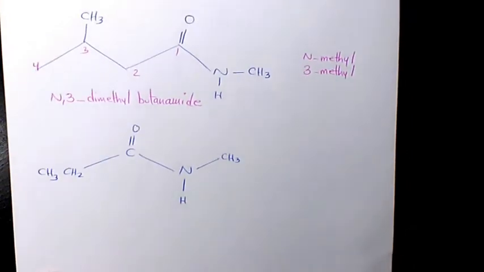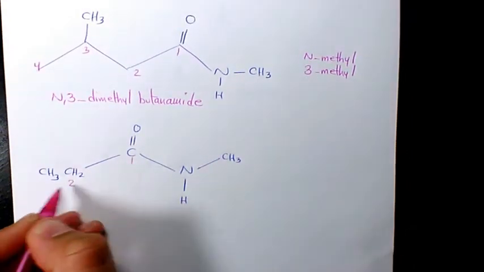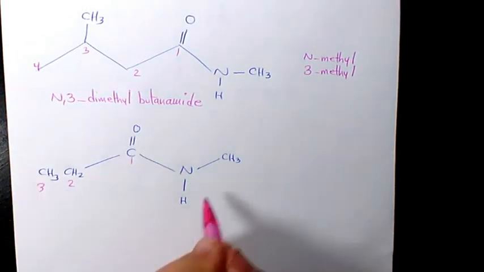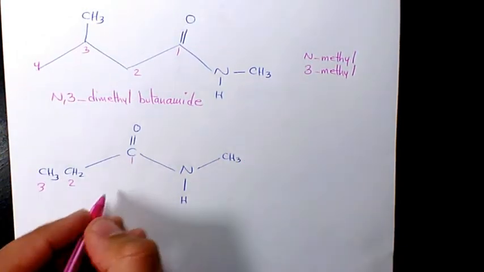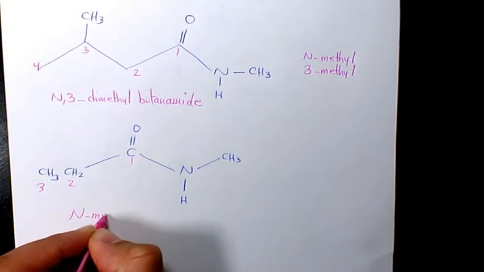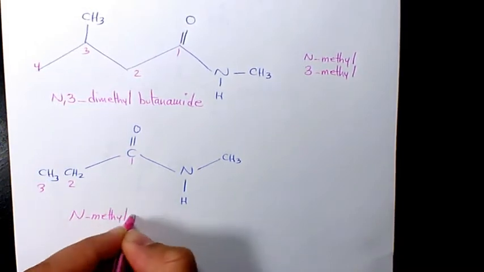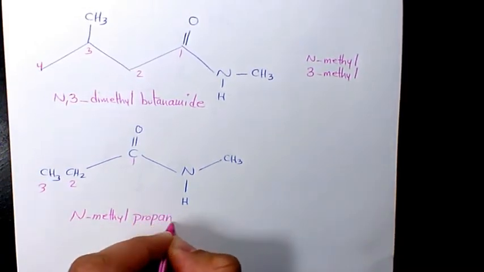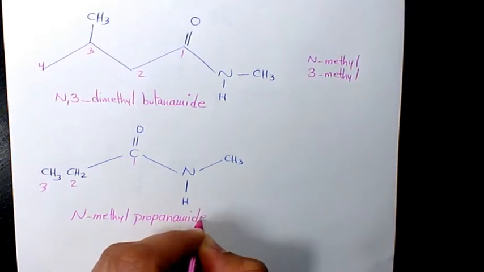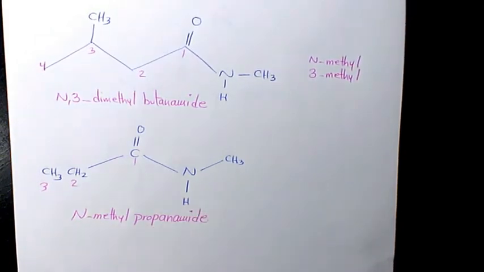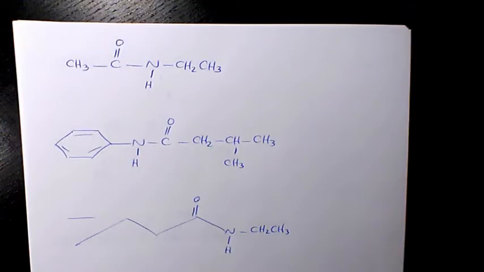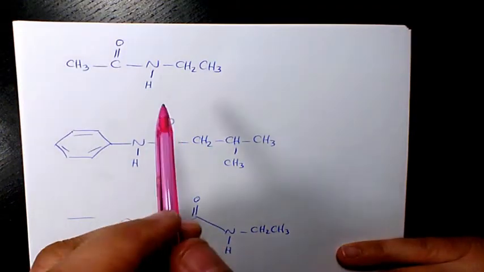Next one. 1, 2, 3. There is no other branch in here. We have one methyl group. It's going to be N-methyl propanamide. That's the name of this organic compound. How to name this one?